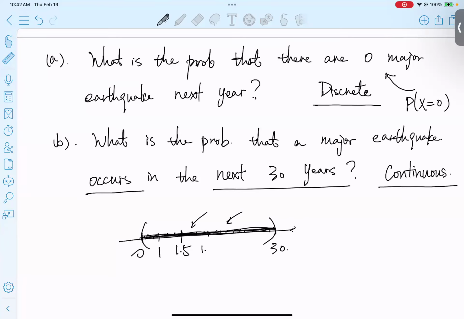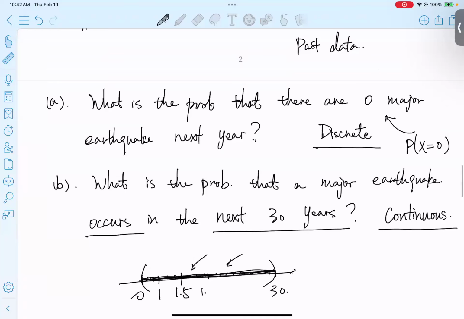Also, as a tip for homework or answering questions on the midterm: if we are directly doing counts, then we are talking about the discrete case. Very often when we are talking about something in time, and it could happen at any time in this time window, then it is very likely the continuous case.